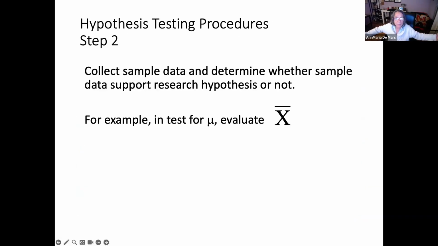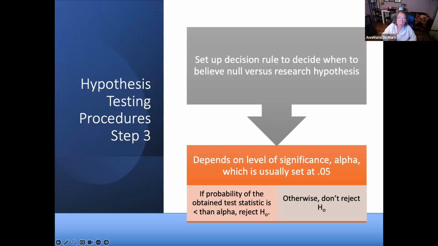Second, collect some sample data and determine whether the sample data support your research hypothesis or your null hypothesis. For example, if you're testing the population mean, you would collect sample data and you would get the sample mean. Next, you want to set up a decision rule to decide when to believe the null versus the research hypothesis.